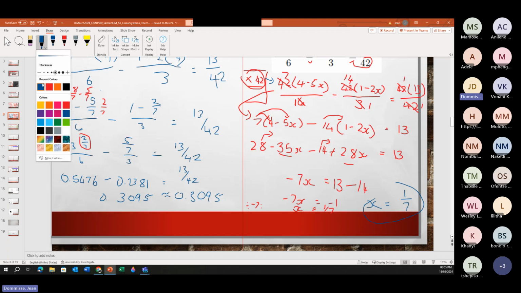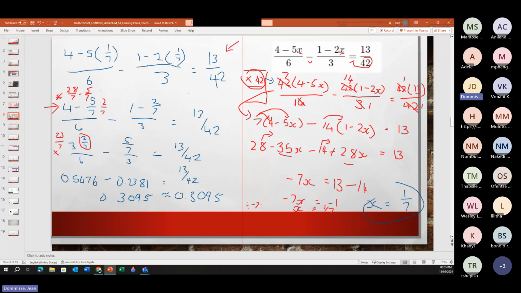Sometimes you see this massive inequality, and you're nearly put off by the inequality sign, but if it was equal to, you would have made the changes and followed the process, so do exactly the same in this instance. Okay.